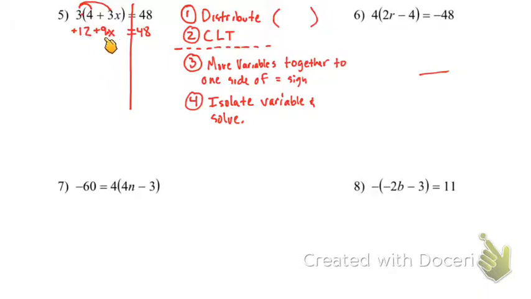So between the 9 and the 12, I'm getting rid of the 12 because it's adding. The opposite of addition is subtraction, and we do subtraction to both sides. Cancels, and we're left with positive 9 times x equals 36. And now to get rid of multiplication, we are going to divide both sides by 9.